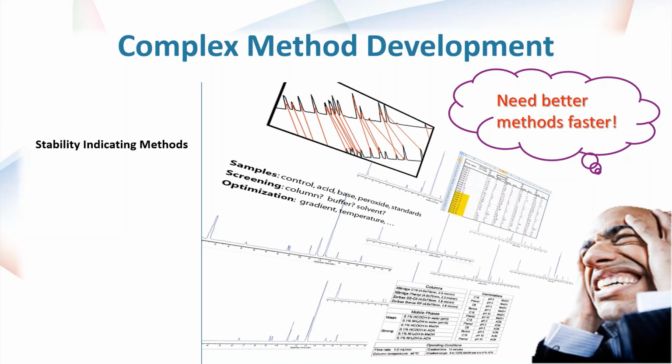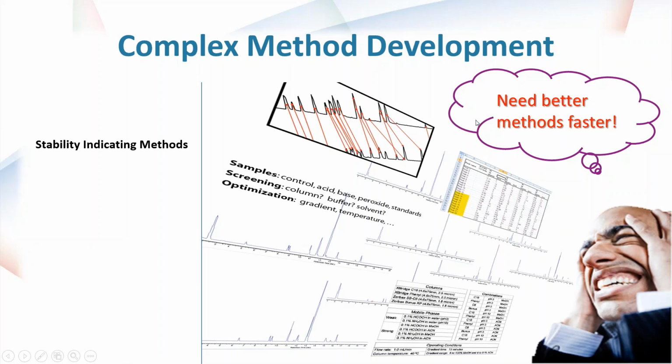So as you can see from the slide, the nature of stability indicating method development requires analysts to look at a number of different samples simultaneously. So they could be looking at their API control, they could be looking at degradation samples, so acidic, basic, peroxide degradation, and they may have reference standards that they want to evaluate at the same time.